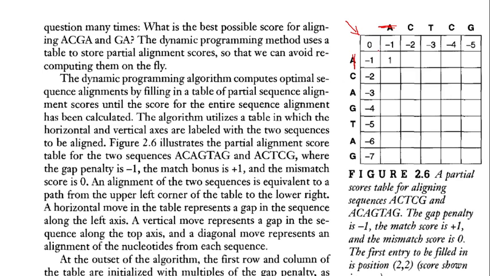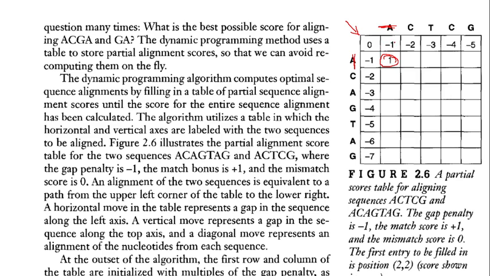So gap penalty is how much? -1. So a gap in the upper sequence means we need to look at the space to be filled. How to fill this space? We will look at the tab above this space.